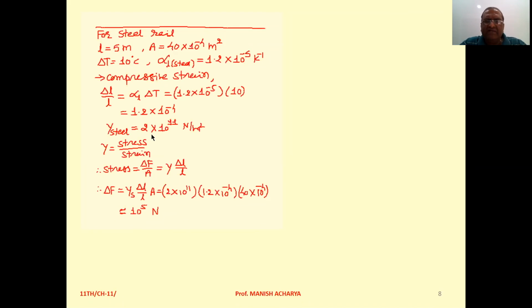Now Young's modulus of steel that is given to you is 2 into 10 raised to 11 Newton per meter square. Now Young's modulus is stress upon strain.